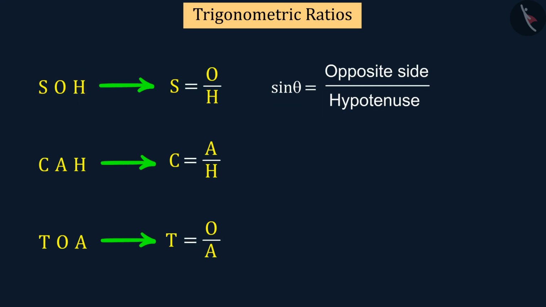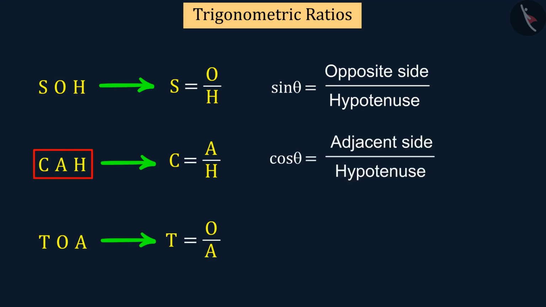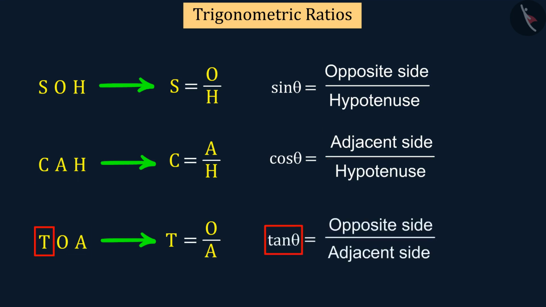That is, the sine of any angle is the ratio of its opposite side to the hypotenuse. In CAH, C means cos, A means adjacent side, and H means hypotenuse. And in TOA, T means tan, O means opposite side, and A means adjacent side.